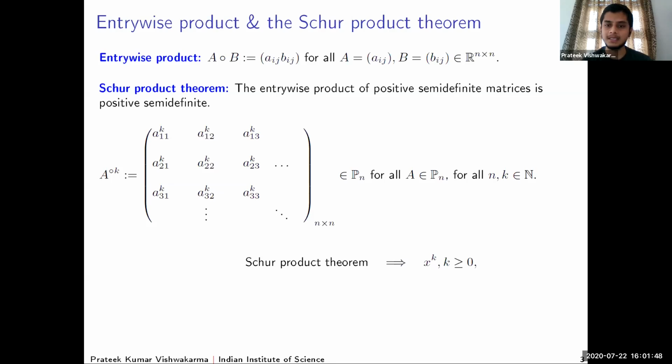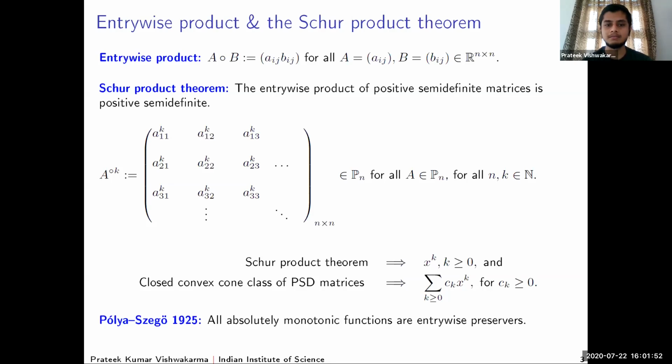This, along with the fact that the class of PSD matrices is a closed convex cone, implies that any convergent power series with non-negative coefficients is again an entry-wise positivity preserver. Such power series are also known as absolutely monotonic functions.